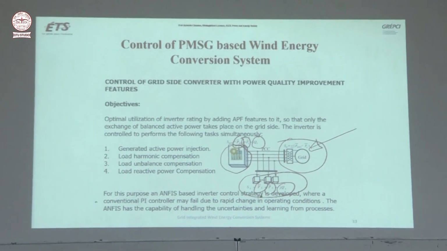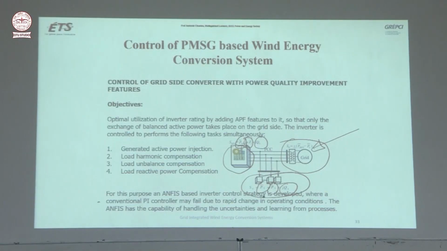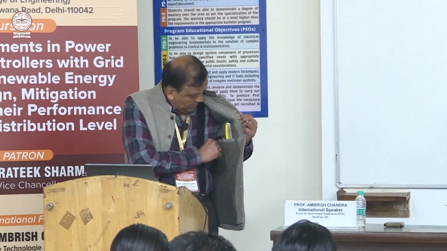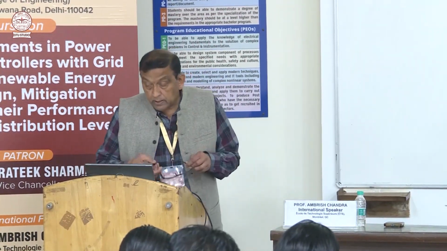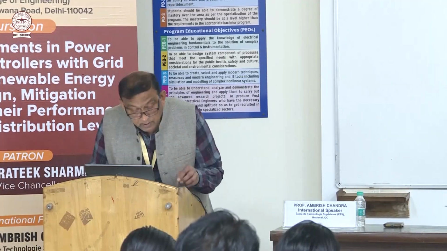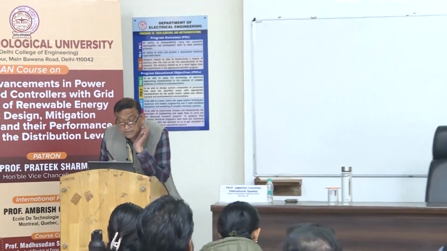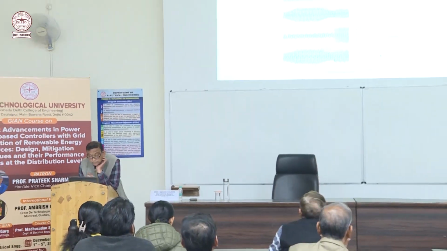So this was the very pioneering work we did many years ago, and finally the fruits came, in the form of the new, updated IEEE standard 1547. So we will continue with our discussion, and we were discussing the control, and these are the simulation results.